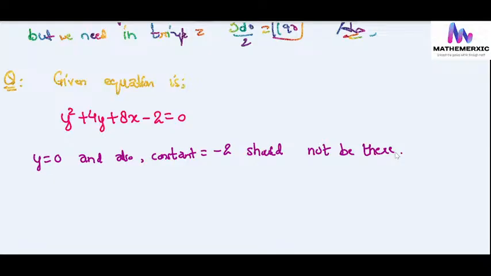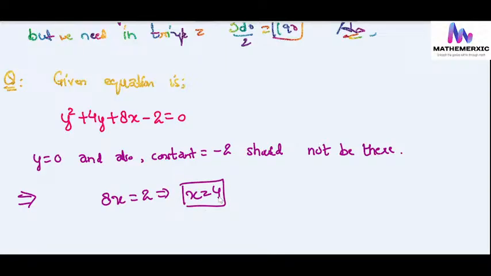In that case only the condition applies. And minus 2 should not be there. So for minus 2, what do we do? Whenever y is equal to 0, what will happen? 8x is equal to 2, or x is equal to 1 by 4, we are getting.